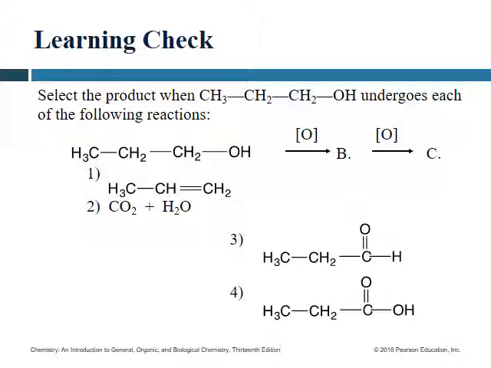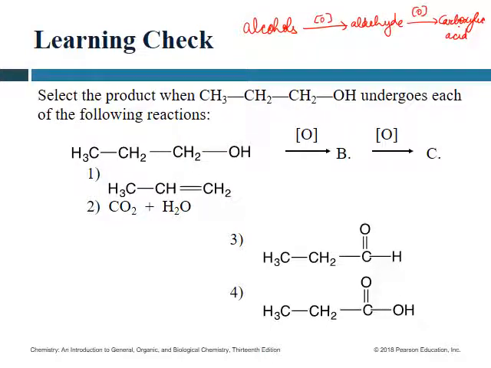This is undergoing oxidation to produce B, then it further undergoes oxidation to produce C. So if you remember alcohols, you can make this chart if you want. Alcohols oxidize to form aldehydes, and then they turn into carboxylic acids.